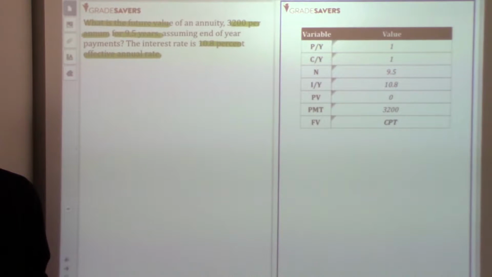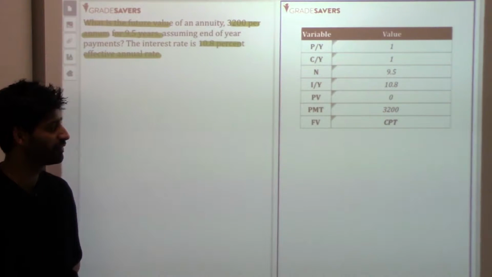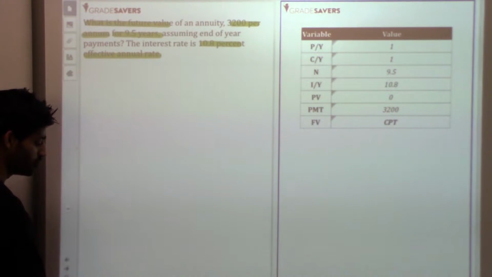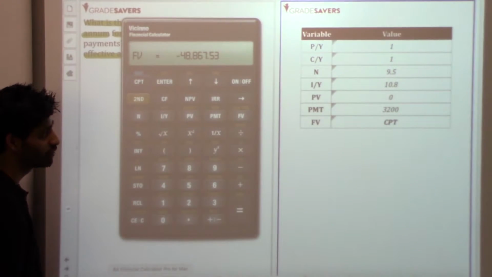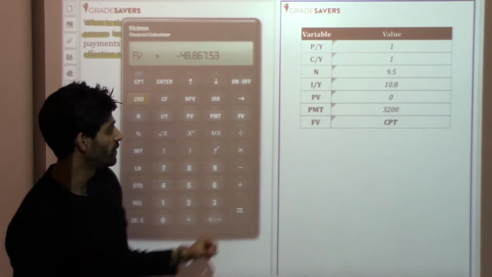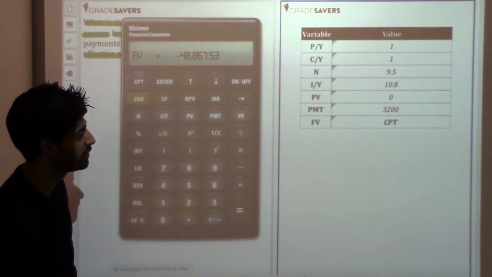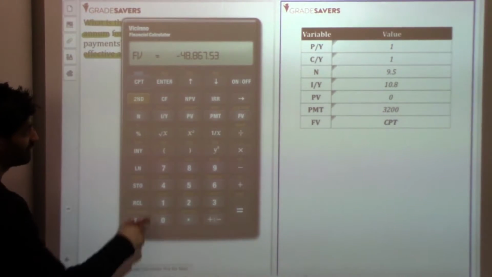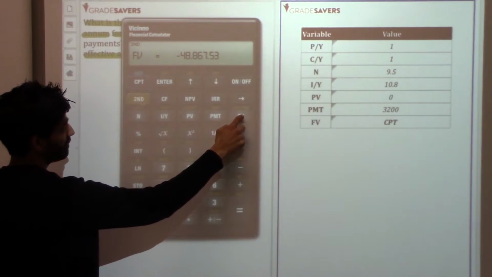So now that we've identified all the variables that are relevant, the idea is simply to use our finance calculators to assign these variables a value, and then simply to compute the value that is missing. So we can begin by pressing second FV.